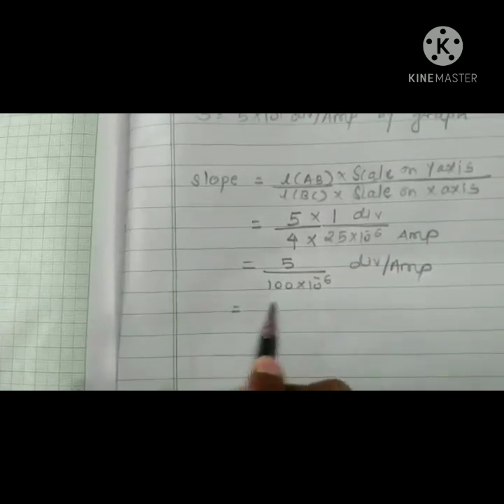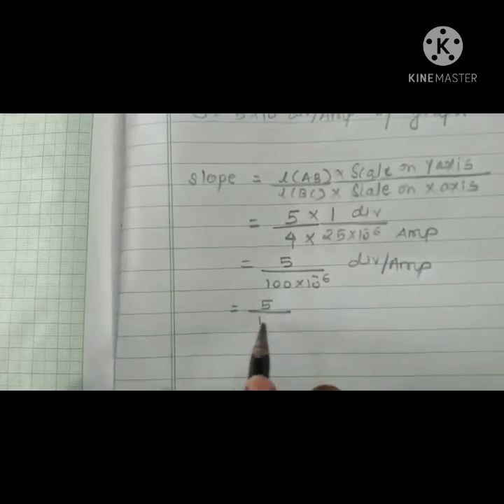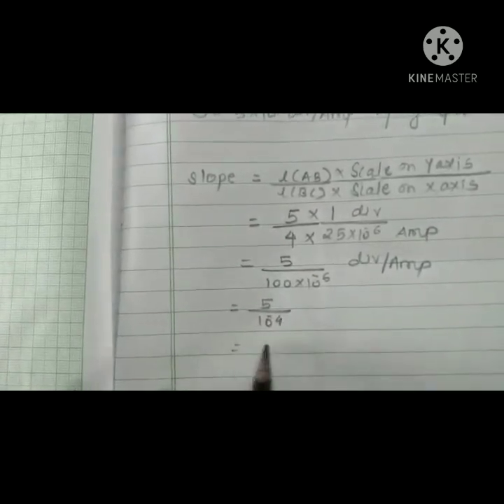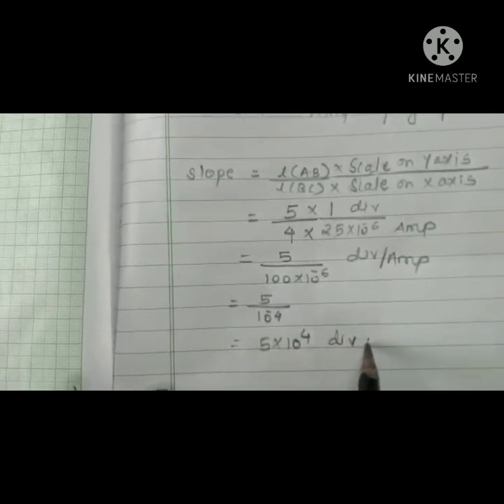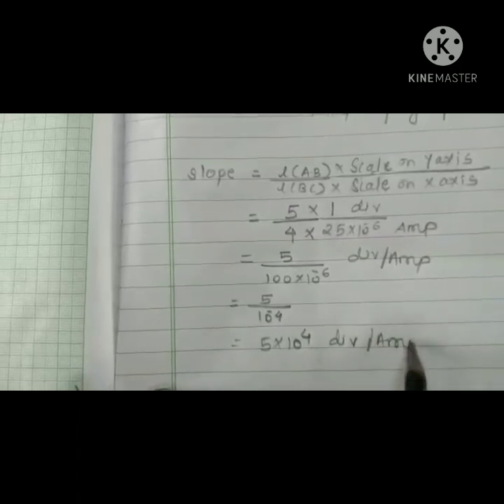It becomes 5 into 10 to the power plus 4 division per ampere, which is our slope.